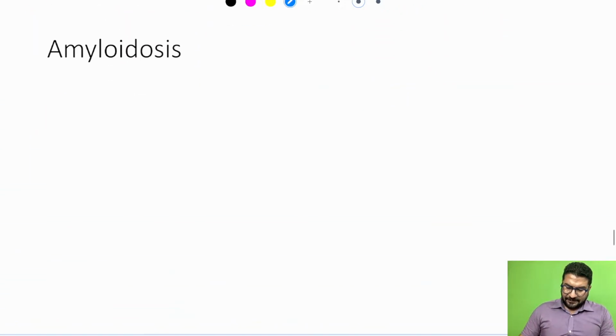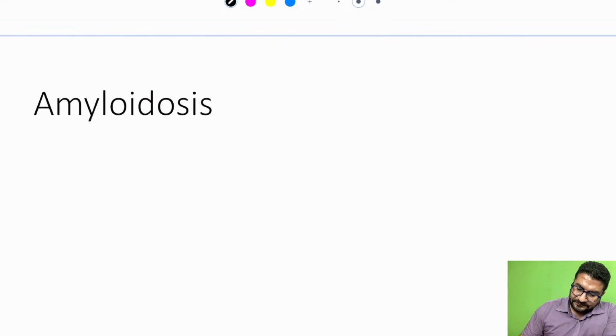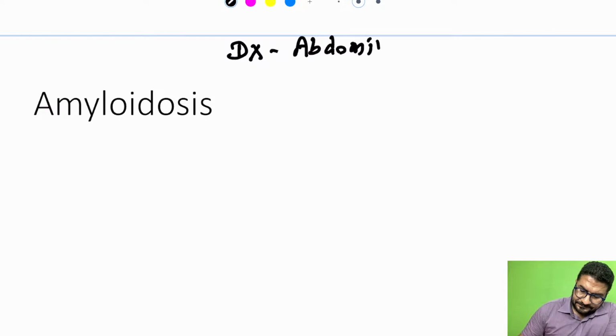Okay, now moving to amyloidosis. Amyloidosis is one short question in exam. So just remember, diagnose करने के लिए we have to do a biopsy. For that biopsy, the preferred site will be abdominal fat pad. Abdominal fat pad biopsy.